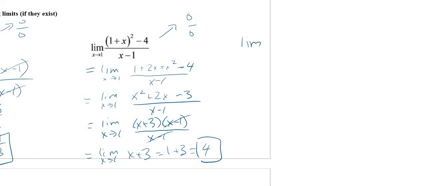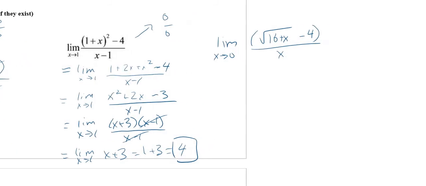The limit as x approaches 0 of root(16 plus x) minus 4 over x. Now this one looks a little bizarre, but we're going to use a little knowledge that we dealt with last year.